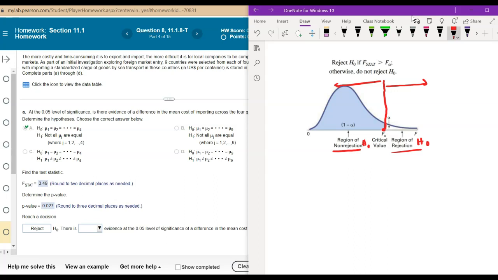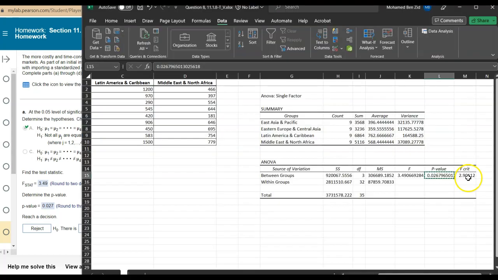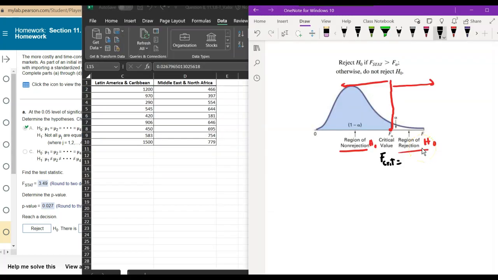The F alpha is what we call the F critical, and the F critical is given to you as 2.90. So this is our reference, right? To know whether I'm on the right side or left side, I look at the F statistic, which is 3.49.